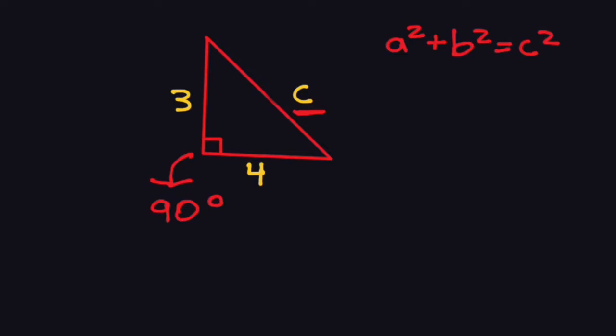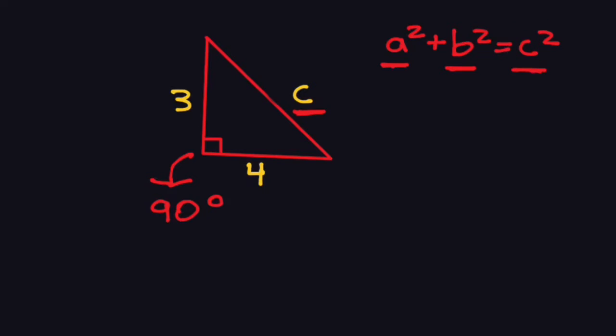Now, in this formula, each of these variables, a, b, and c, stand for one of the sides of your triangle. What's important to know is that the variable c is always going to stand for your hypotenuse, or the longest side of your right triangle. So we know that this variable c here can be used to represent this side right here.